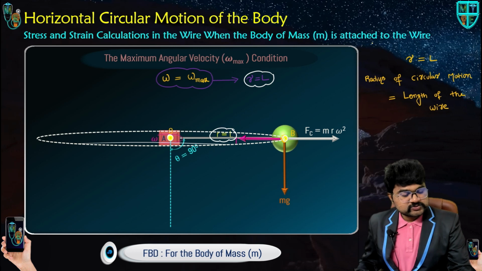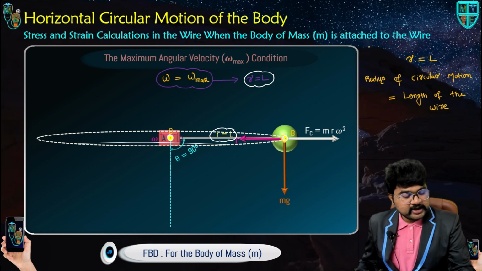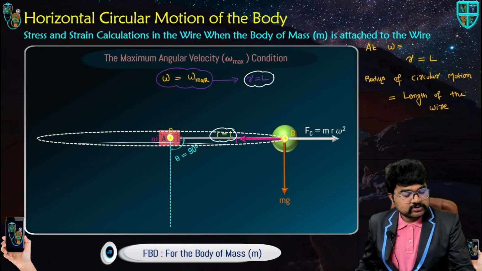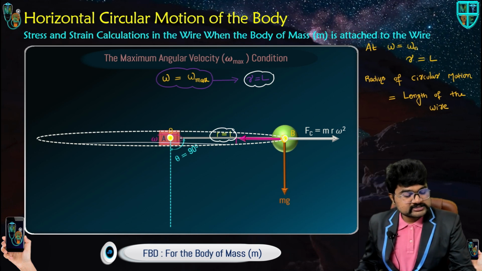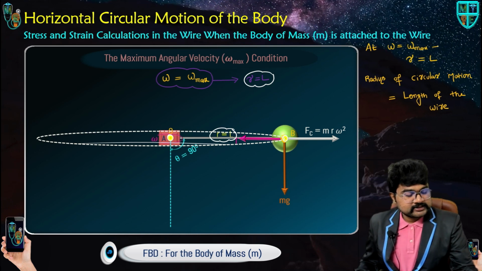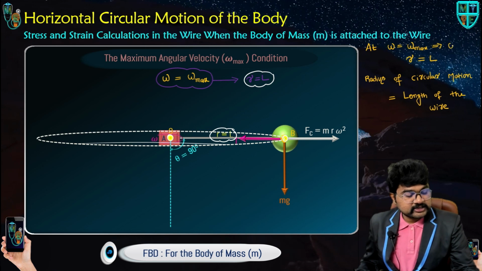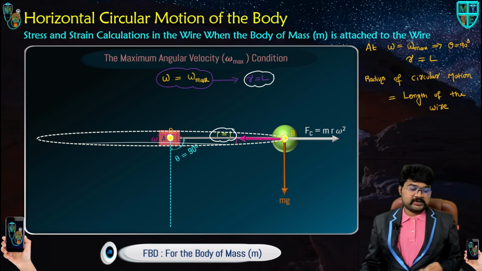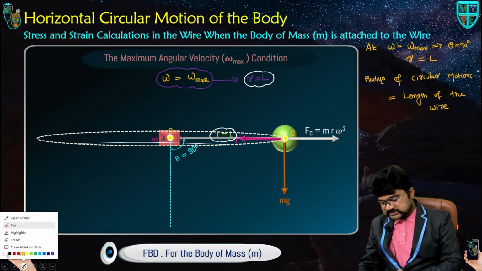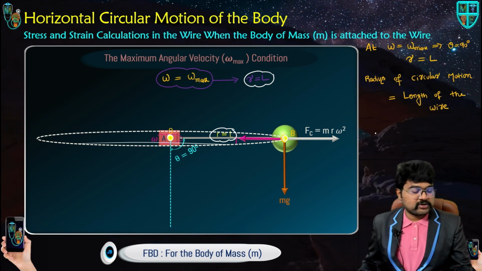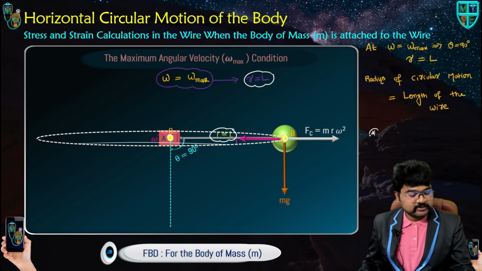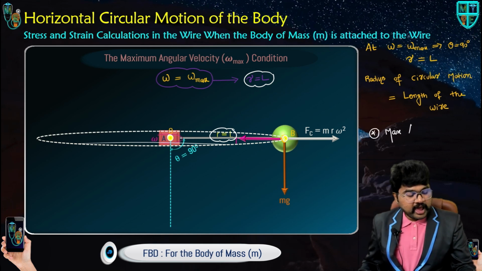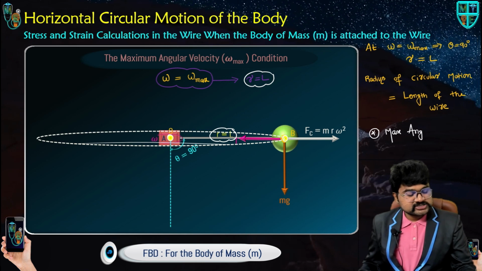Here omega equals omega maximum, that is obtained at theta equal to 90 degrees. R equal to L means the maximum angular velocity condition.